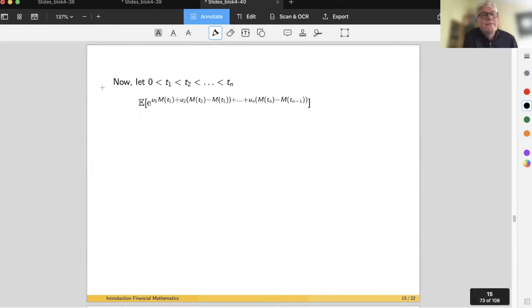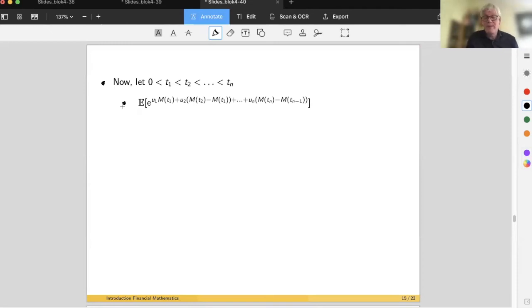Now, let's look at our partition, 0 less than t1 less than t2 up to tn. And let's reconsider the moment generating function on this partition, the expected value of e to the power u1 M_t1 plus u2 (M_t2 minus M_t1) plus etc., un (M_tn minus M_tn-1).